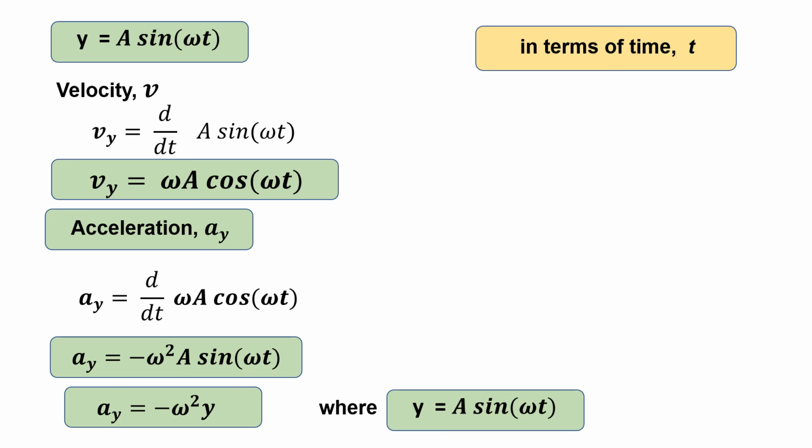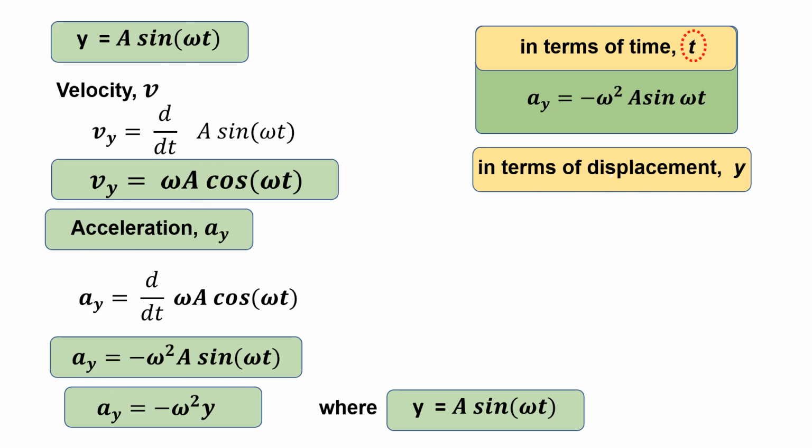In terms of time t, Ay is equal to minus omega square A sin omega t. Bila y berada pada maksimum, iaitu pada amplitude A, kita akan dapati Ay is equal to minus omega square A.